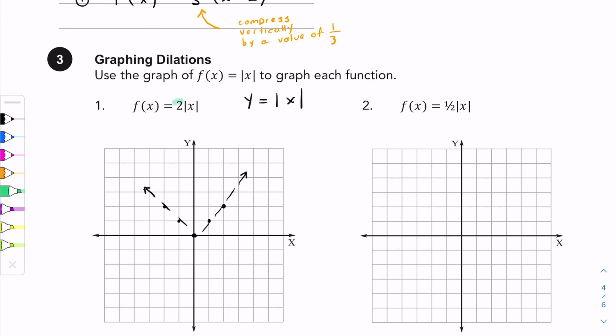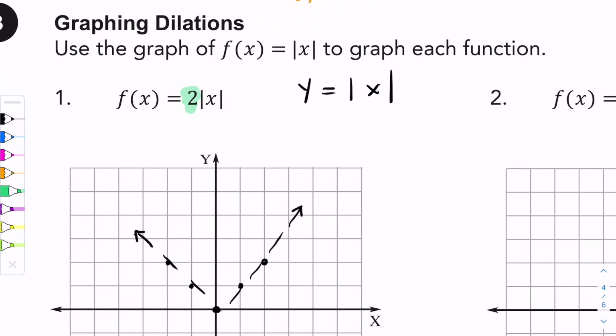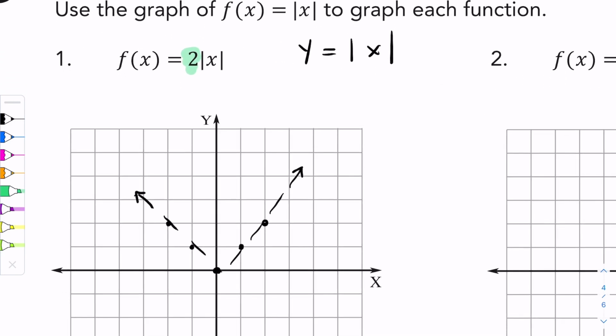This value of 2, this a value right there, is going to tell us that the function is expanding vertically by a value of 2. So if it's expanding vertically by a value of 2, you need to multiply the y-coordinates of the previous graph by 2.